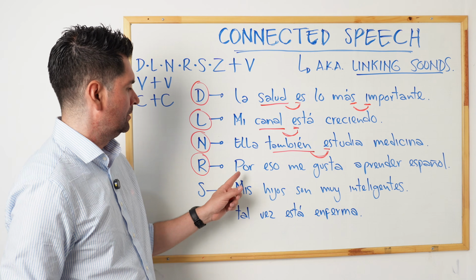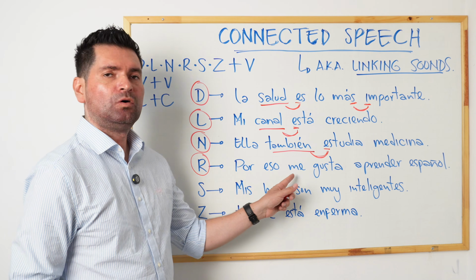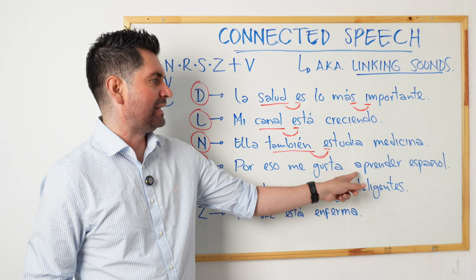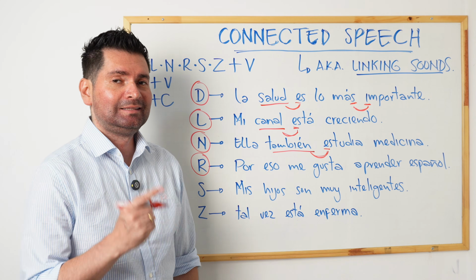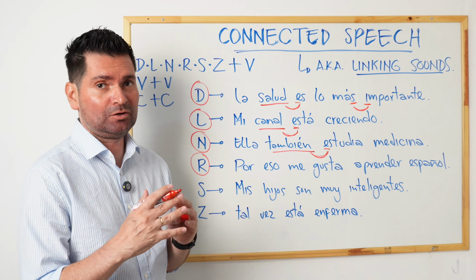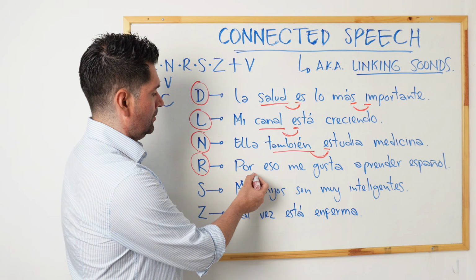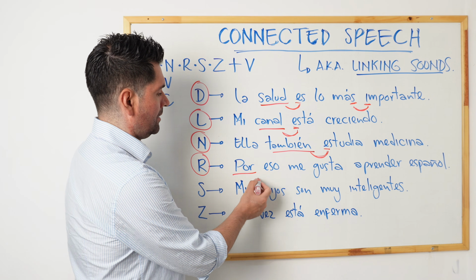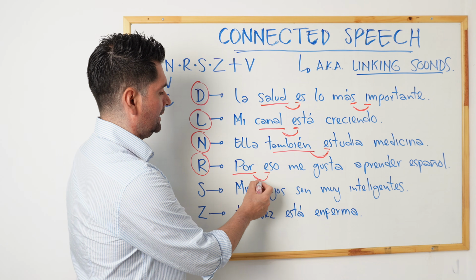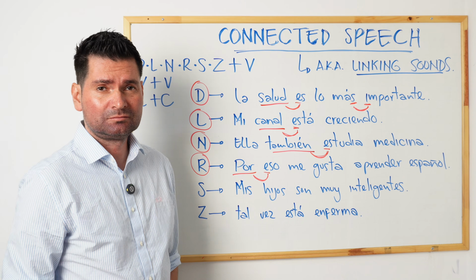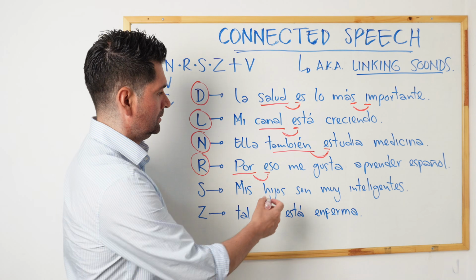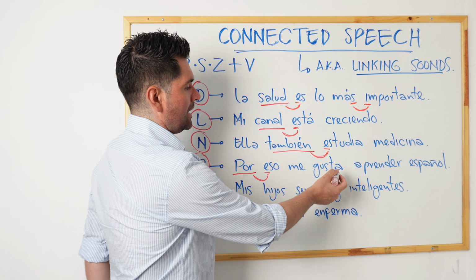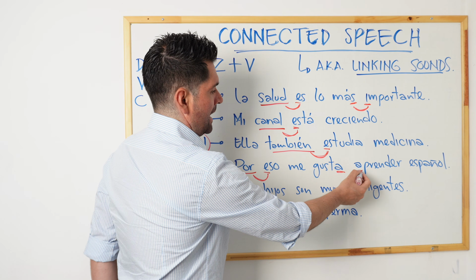R. Por eso me gusta aprender español. This is an interesting sentence. There are many connections here. Por, it has an R. It connects to the E. Por eso. Por eso me gusta a.